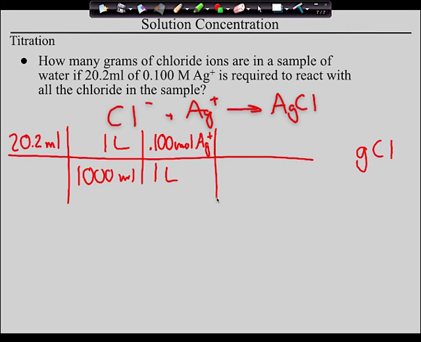Now guys, always when you're doing titration problems, there's going to be a mole to mole ratio. So the mole to mole ratio is 1 mole of silver ion to 1 mole of chloride ion. That's why we wrote the balanced equation. Now the last step's easy. A mole of chloride ion weighs 35.5 grams, and you can figure out the mass of the chloride. I don't think we need to do the math.